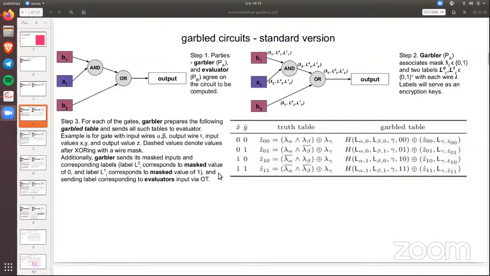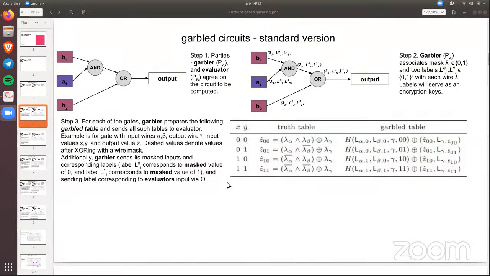And the last thing is that some of the inputs are evaluator's inputs. Here the evaluator is B. Actually, two of the inputs are his. So he knows the value here, although he does not know the label, which will be needed to decrypt a given row.